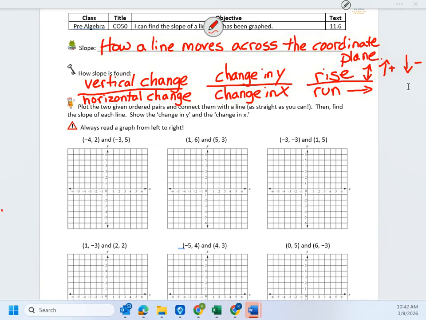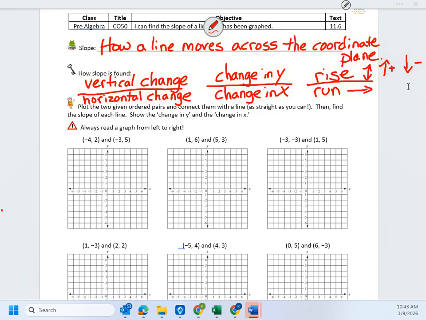You need to know what that rise means, what that run means, and if it makes more sense for you to write out change in y over the change in x, then put that when you make your help card, right? You're going to put what works for you. For me, I know I've been using this for years upon years, so I know the rise goes up and down. I know the run goes across. But what makes sense to you on your help card?